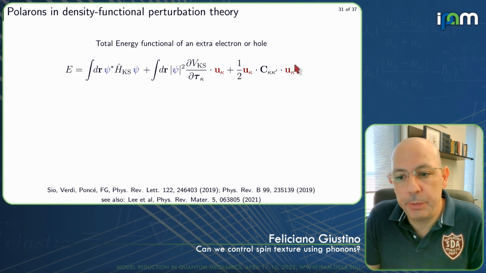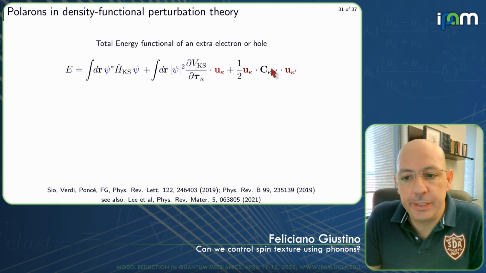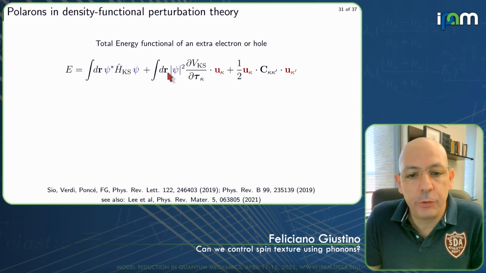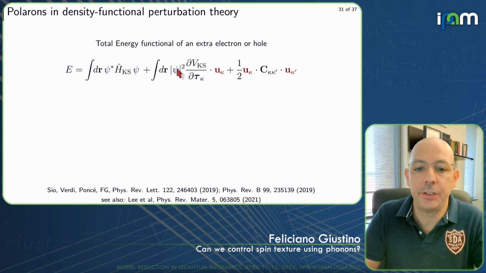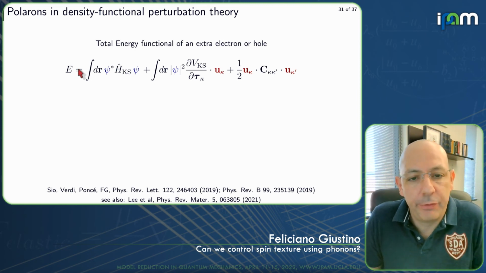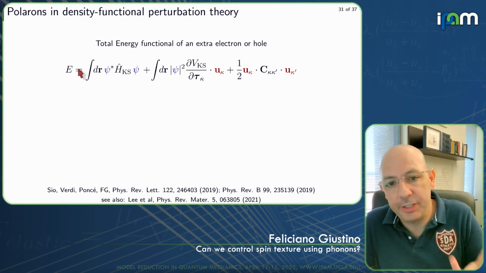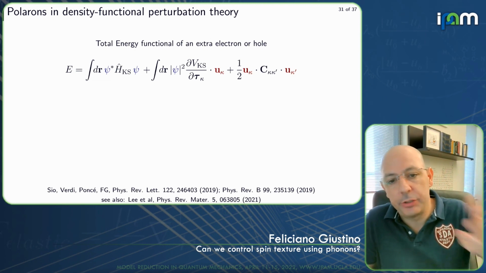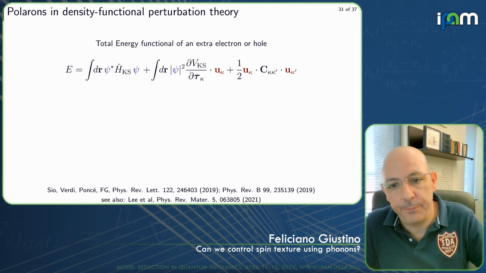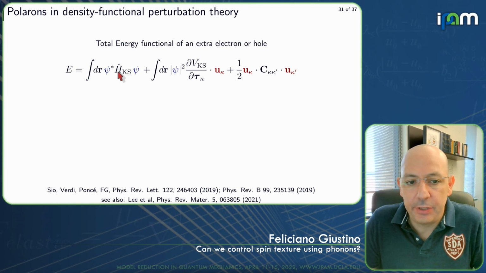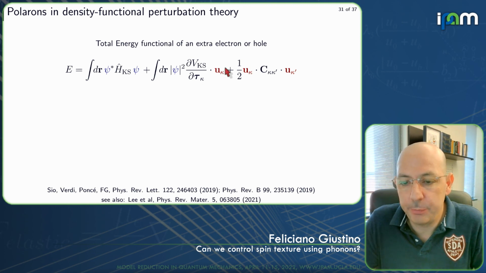Okay, so u here would be atomic displacements, C would be the interatomic force constants, and psi would be the wave function of the electron that we have added. So this energy in this case would be the formation energy of the polaron, meaning the difference between the energy of the system with an extra electron and the energy of the system without this extra electron. So this is, in practice, an energy that is a functional of this electron wave function and atomic displacements.